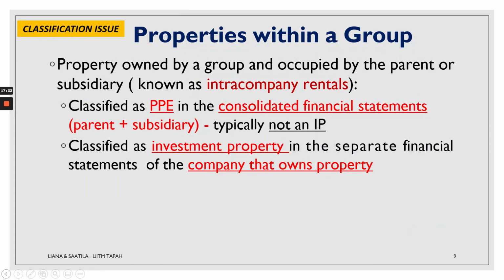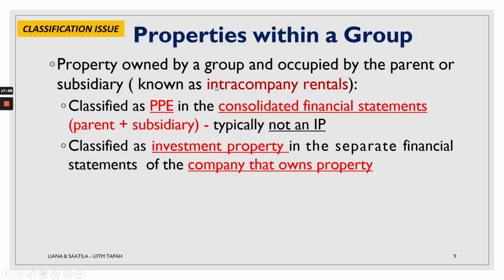So let's look at property within the group. This is another classification issue, where you may have property owned by a group. Group here refers to a parent with subsidiaries when you account for them in the consolidated financial statements, and the property is occupied by the parent or subsidiary. Let's say you have a building being rented out to the subsidiary and you are the parent.